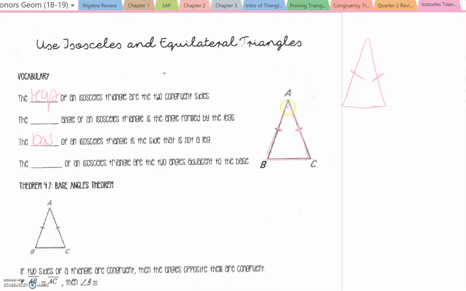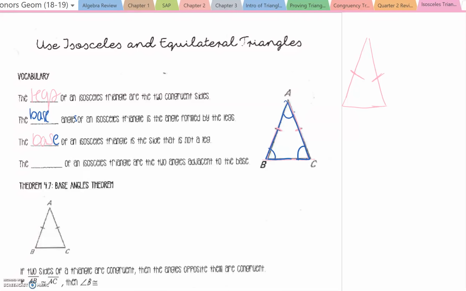And where the legs meet the base, you have what are called base angles. The angle that is not the base angle is called the vertex angle.